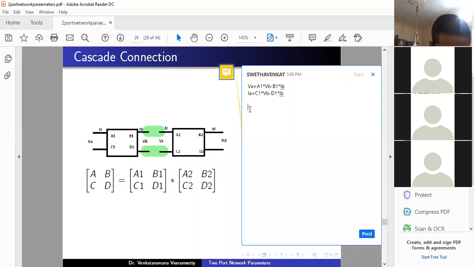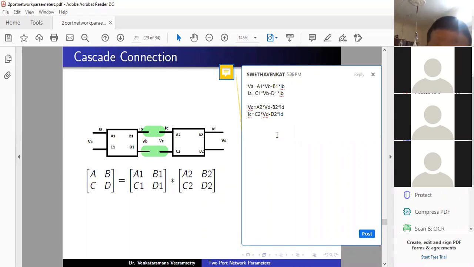So VC equal to A2 multiplied by VD, minus B2 multiplied by ID. Similarly, IC equal to C2 multiplied by VD minus D2 multiplied by ID.